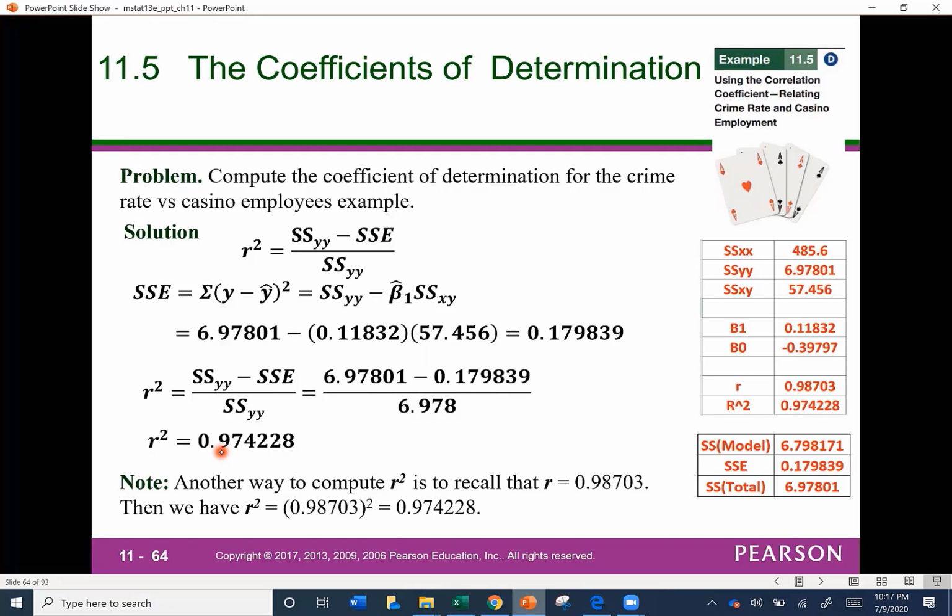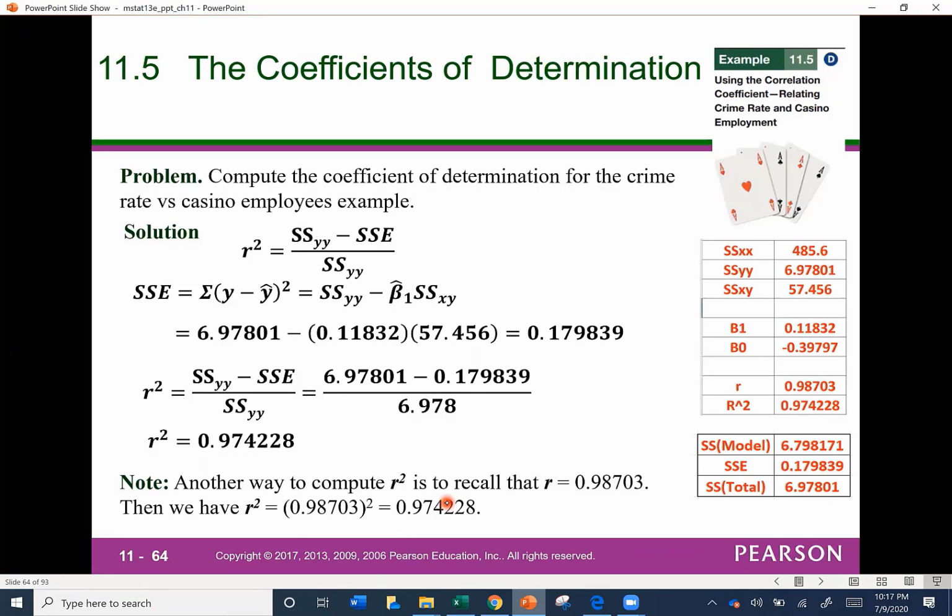Another way to obtain the coefficient of determination, besides technology, is to square the coefficient of correlation. When we square this quantity, we will obtain the coefficient of determination. Two different ways to obtain the coefficient of determination.